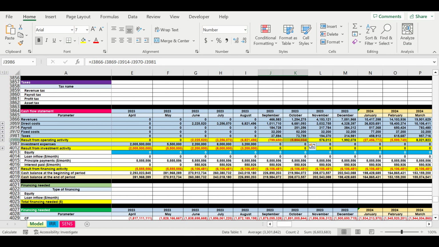And if we start playing with these inputs, for example, if we reach the target faster or at a lower speed, we will be able to see the difference in the amount of financing needed for the business.